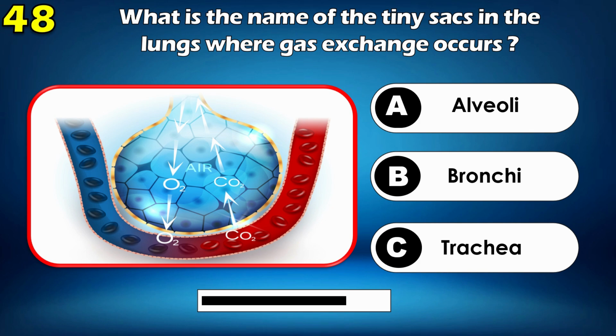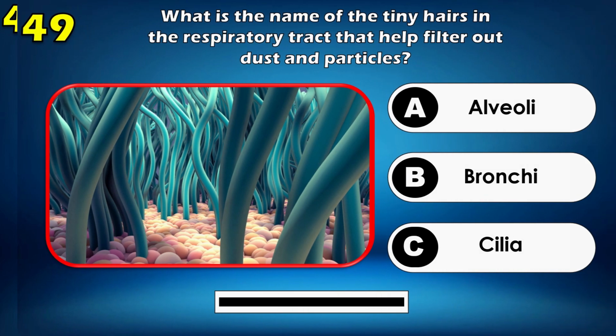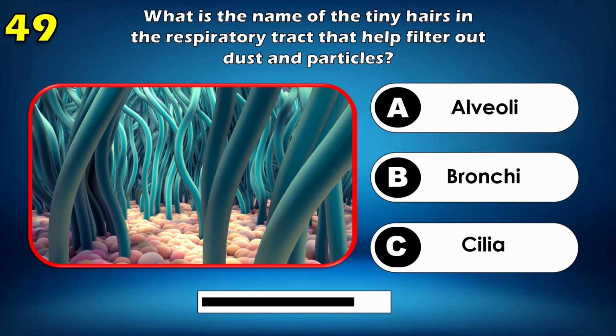What is the name of the tiny sacs in the lungs where gas exchange occurs? Alveoli. What is the name of the tiny hairs in the respiratory tract that help filter out dust and particles? Cilia.